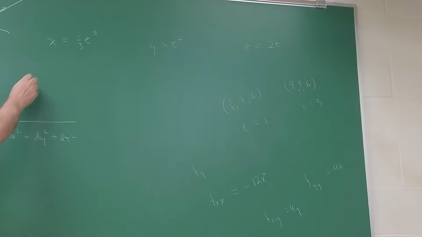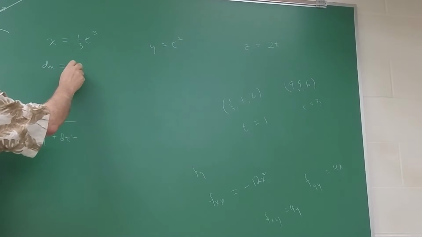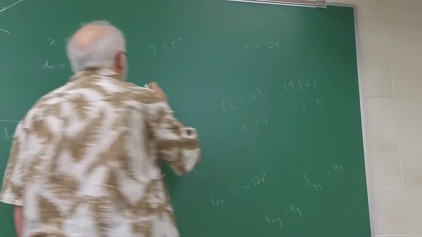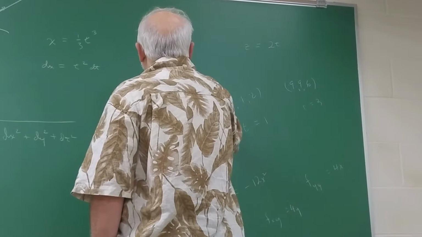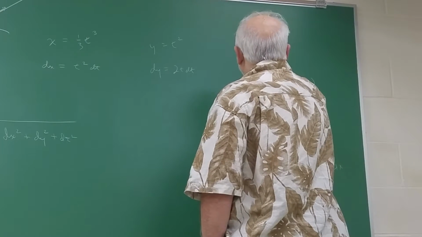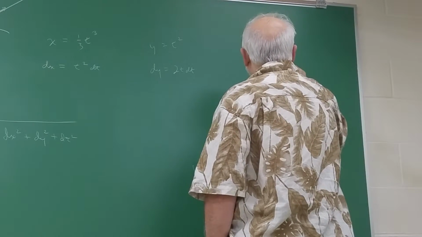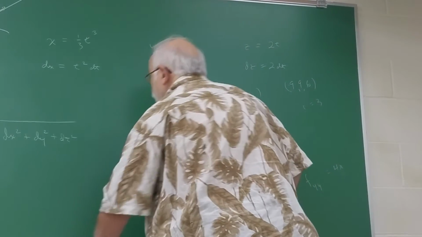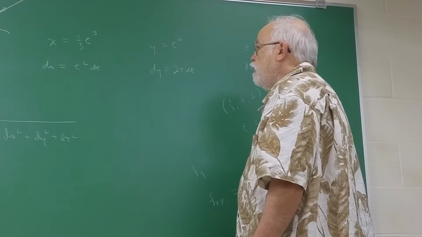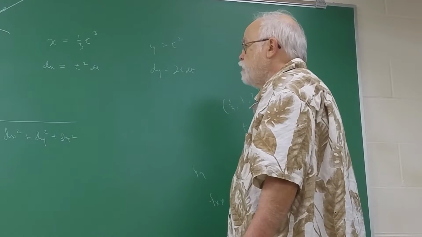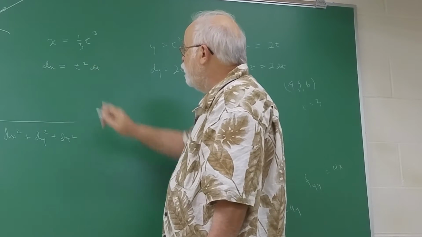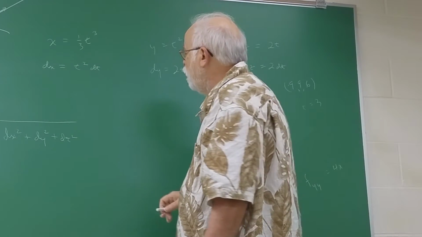So then you just need dx, which will be t squared dt, and dy, which is 2t dt, and dz, which is 2 dt. Dx is not t squared, because t squared is not a differential. The differential is t squared times dt. That makes it a differential.